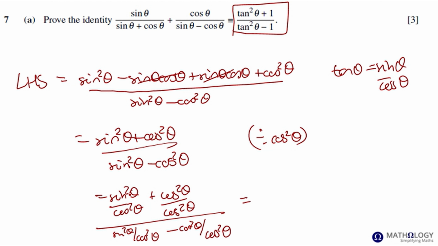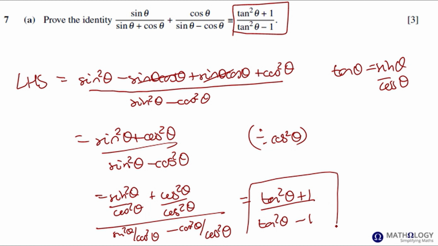And that's going to be sine squared over cos squared is tan squared. Cos squared over cos squared is 1. Sine squared over cos squared is tan squared. Minus cos squared over cos squared is minus 1. And we get the right hand side.